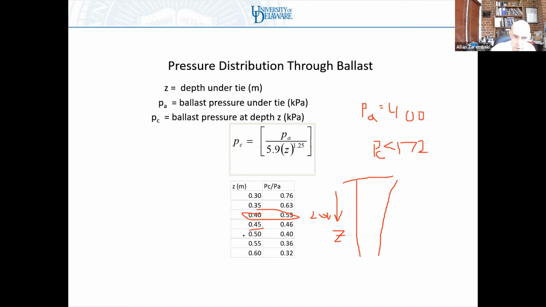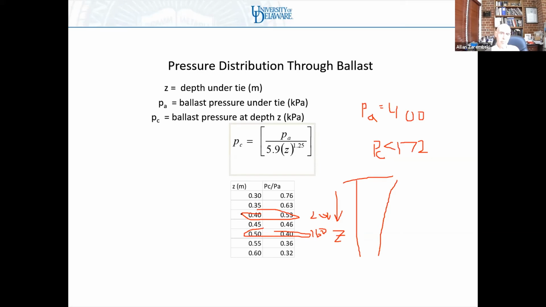If you use 0.5 meters, you're about 160. So you can see you just need a little bit less than 0.5 meters, about 0.49 meters of ballast.